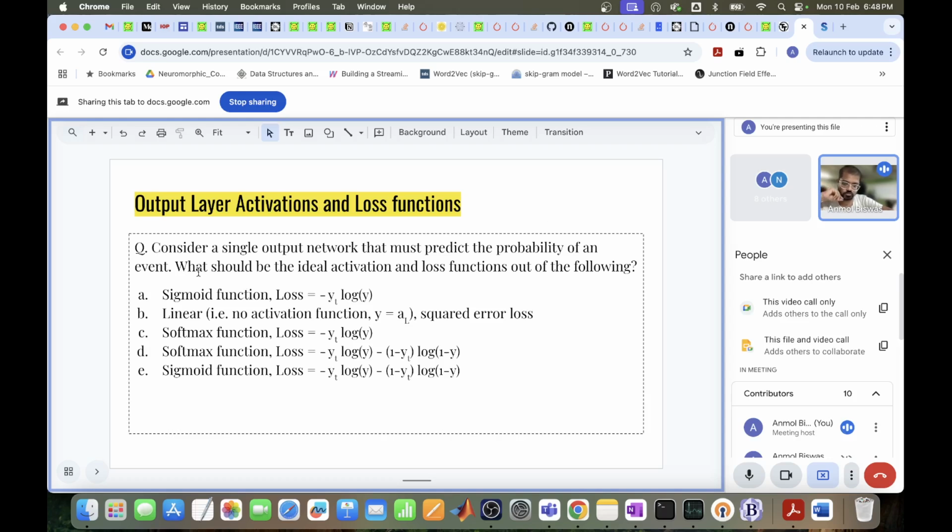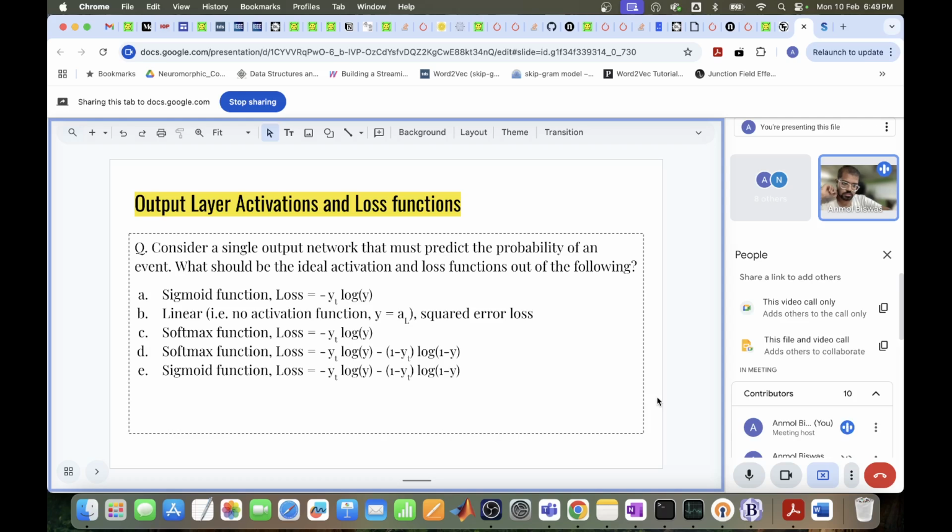The question is what should be the ideal activation and loss function? So you have your options, the combinations: sigmoid function with loss, linear with squared error, softmax function with loss with yt log y, softmax function with loss with yt log y plus 1 minus yt log 1 minus y, and so on and so forth, right?